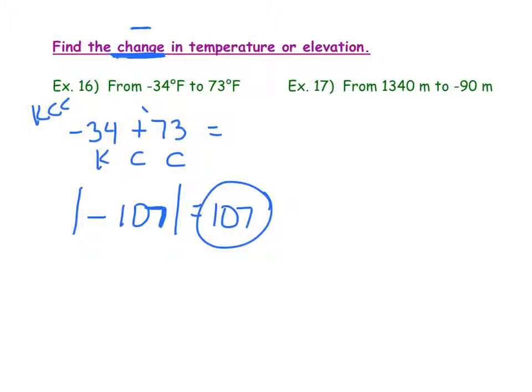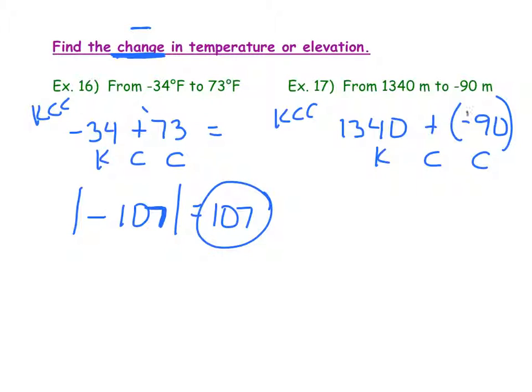All right, we do the same thing with number 17. We start with 1340. And what is the change? That means I'm subtracting a negative 90. So what is the difference between the two? So again, I'm subtracting, so I'll do keep, change, change: keep, change the subtraction to addition, and change the negative to a positive.